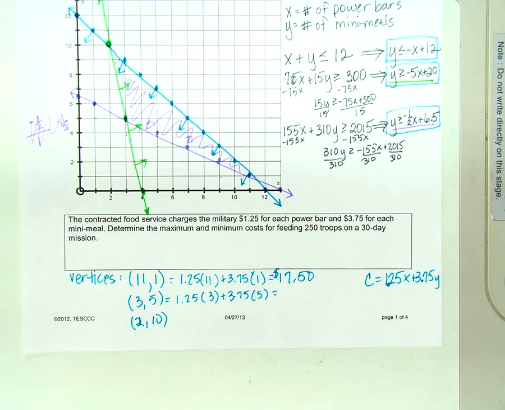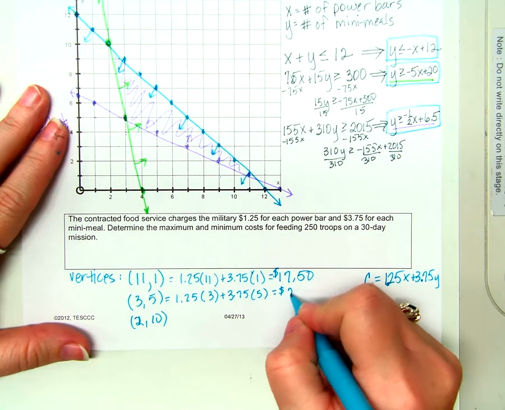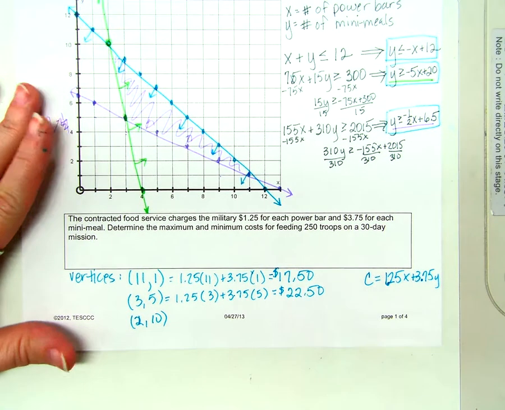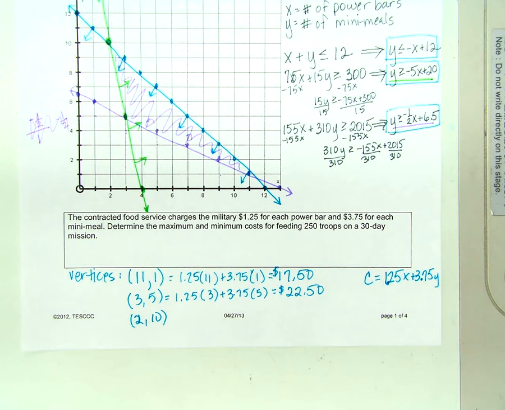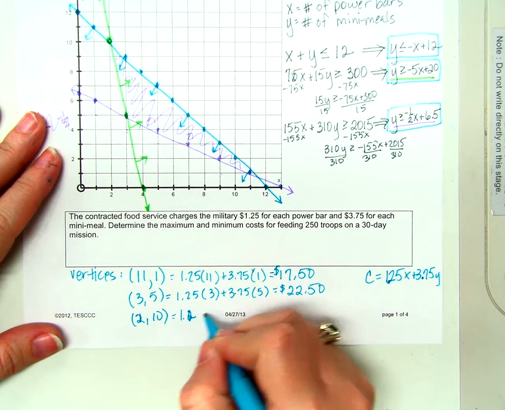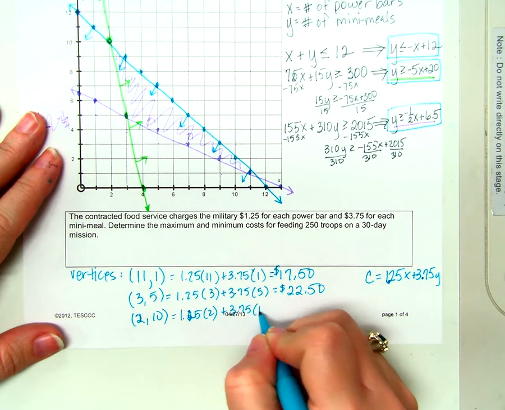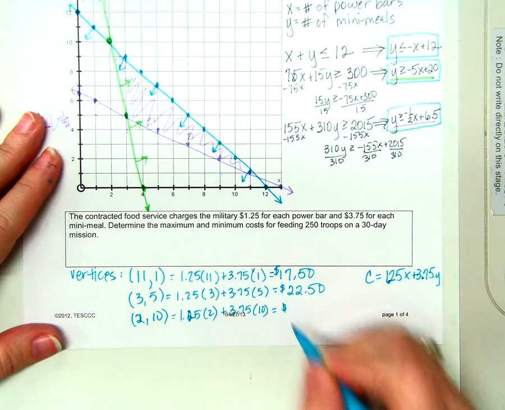I don't think so. I think this one's $22.50. $1.25, that's a 2. $1.25 times 2 plus $3.75 times 10 equals 40.